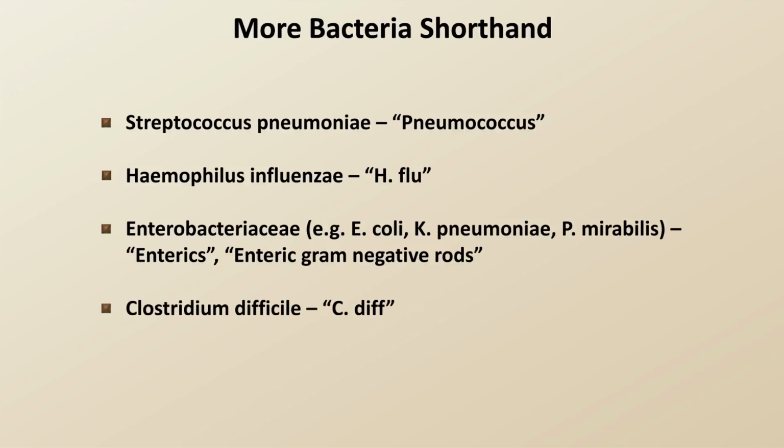Clostridium difficile is C. diff. Any and all anaerobic species are usually called just plain anaerobes and are rarely referred to as individual members, with the exception of C. diff. If those aren't enough nicknames of which you should be aware, there are 4 types of bacteria which are commonly referred to by an acronym describing their pattern of antibiotic resistance.